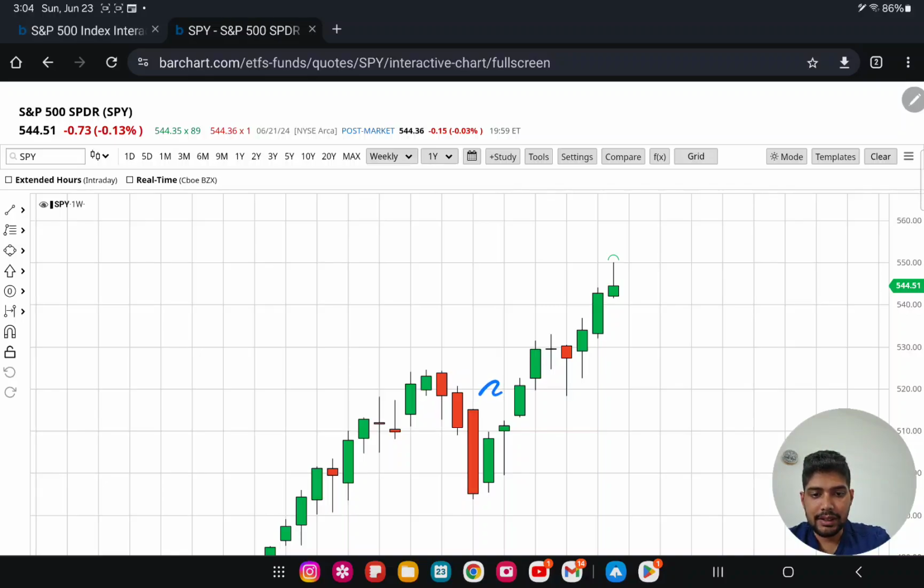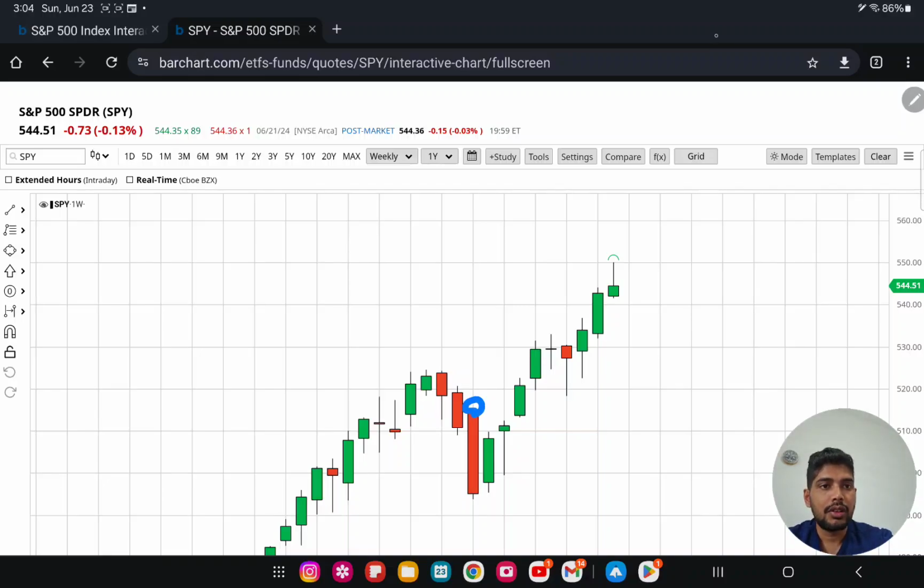Same with the red candle. We can take this big one as an example of a negative candle. That is where the price opened. This is where the price closed. There is a very small wick at the bottom, that is the low. I cannot even see if there was a wick here because of the grid line, but I assume there wasn't any because there is no solid black line.